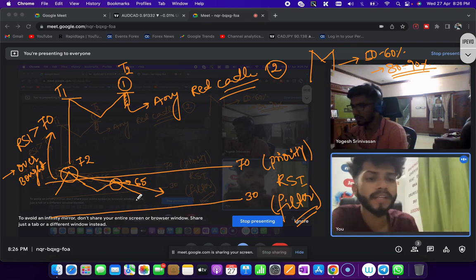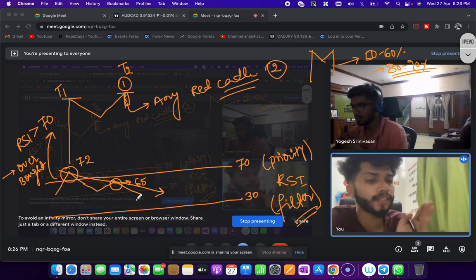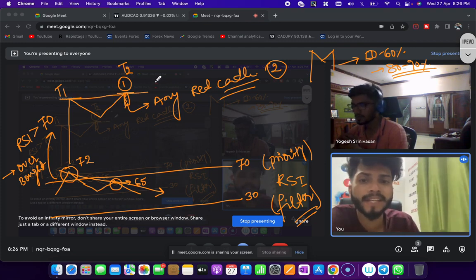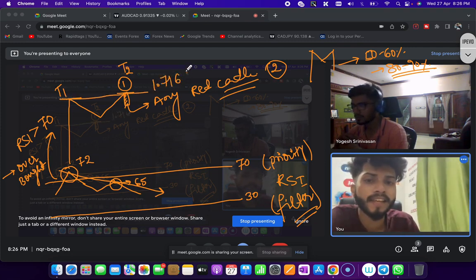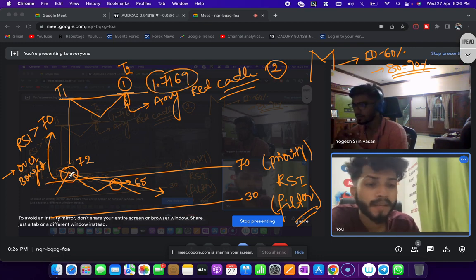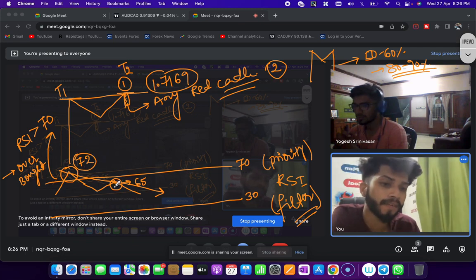Momentum is falling, which means that buyers are not showing interest in the market. Let's say this price level is 1.7169, the same price level at T1 and T2. But at T1 the momentum was high at 72 and at T2 the momentum was low at 65.